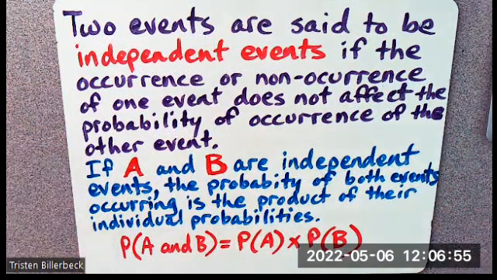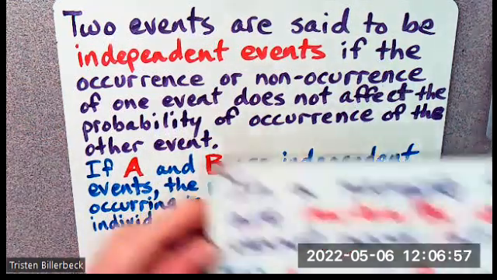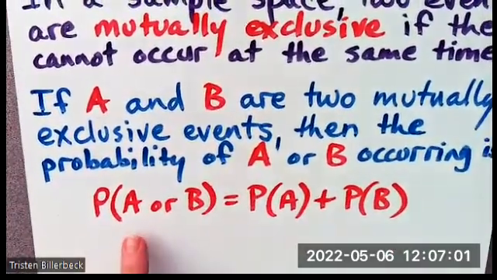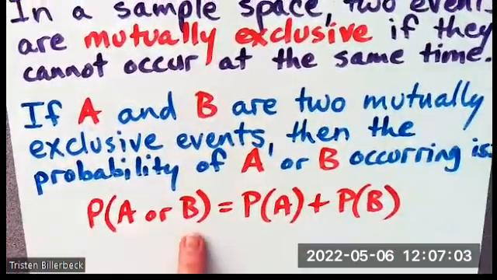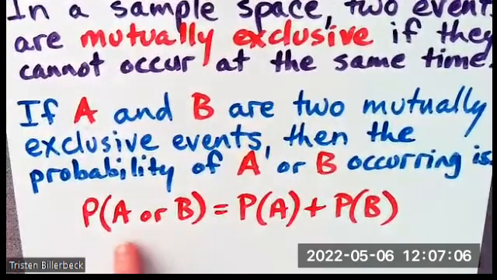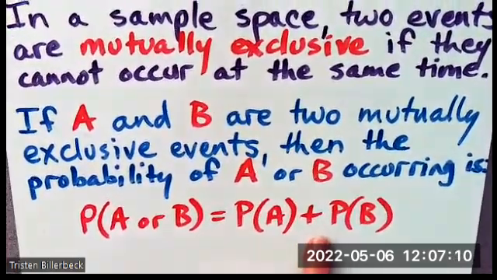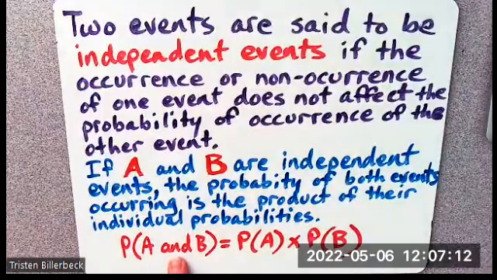So what we were looking at before was an OR situation. So we were looking at if this happened or that happened. So in OR situations, we add our probabilities. Now what we're talking about is AND situations.